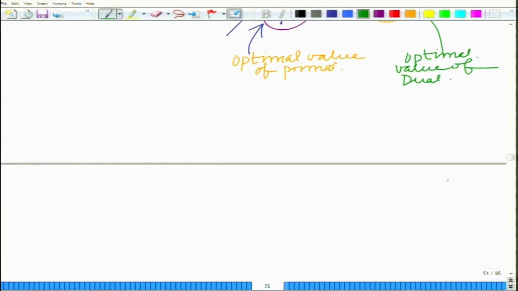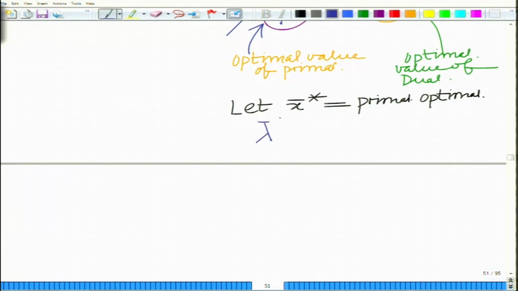Now, in addition, let x bar star equal the primal optimal solution, that is where the optimal value is achieved for the primal optimization problem, that is, x bar star is the solution of the primal optimization problem.